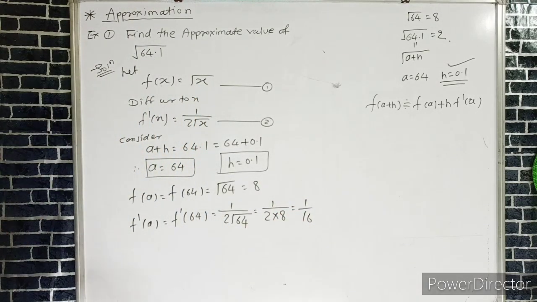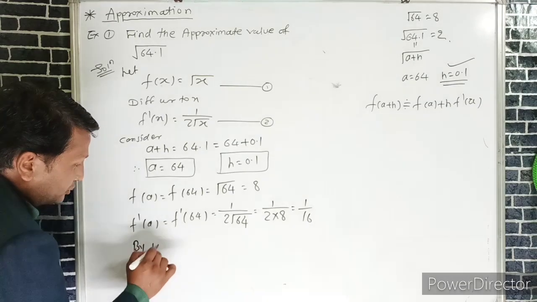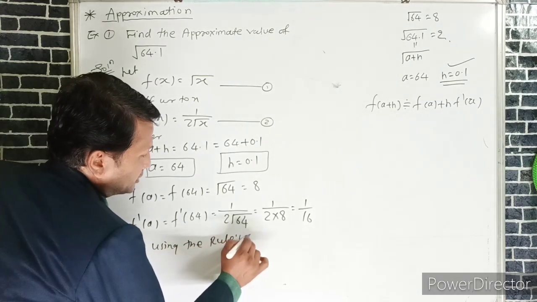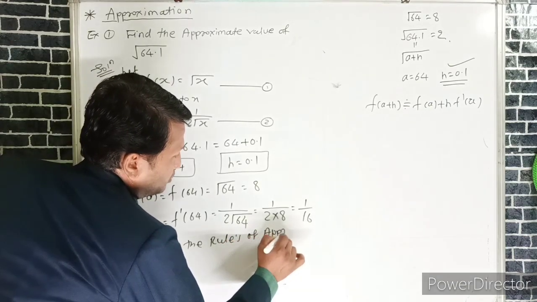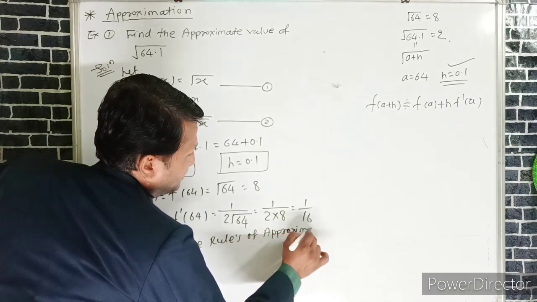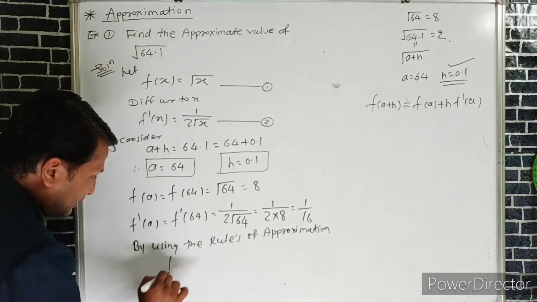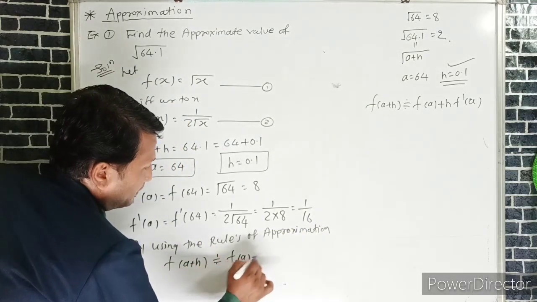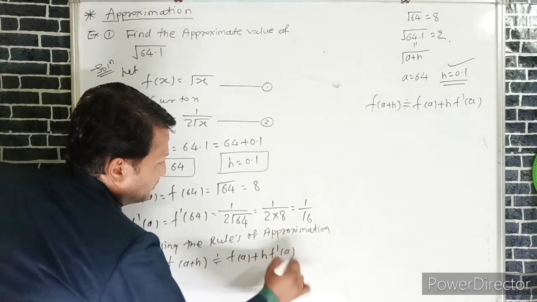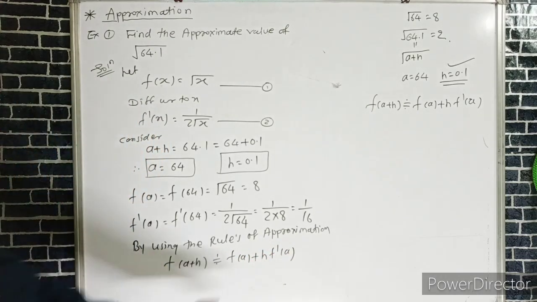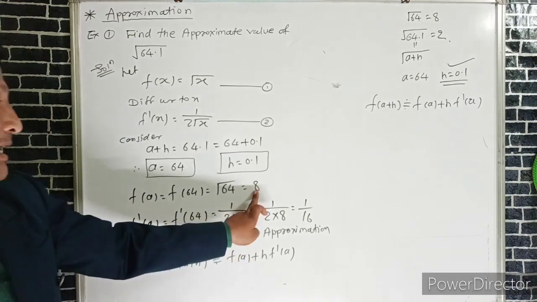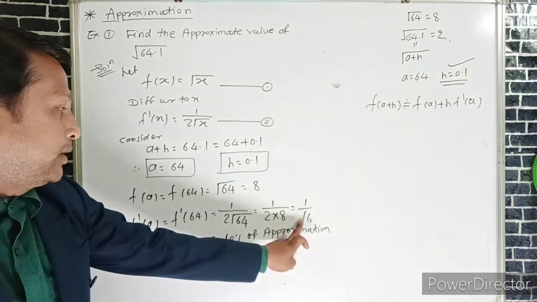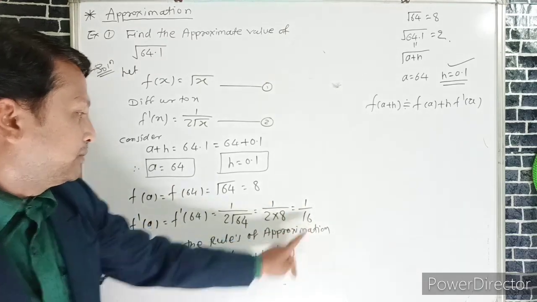So we know that by using the rules of approximation, we can write f of a plus h is approximate to f of a plus h into f dash of a. We know the value of f of a is 8, h is 0.1, and f dash of a is 1 by 16.